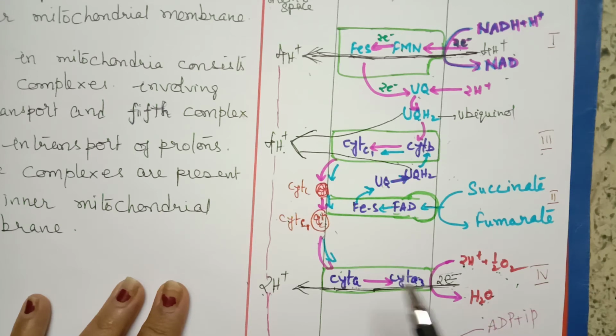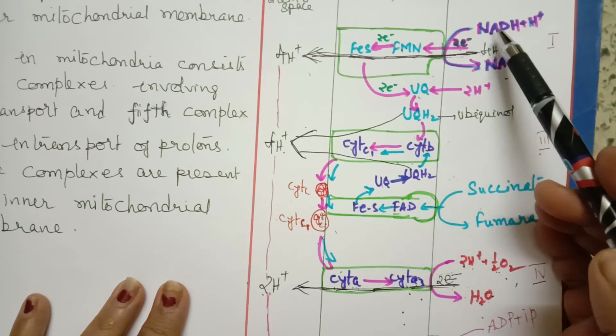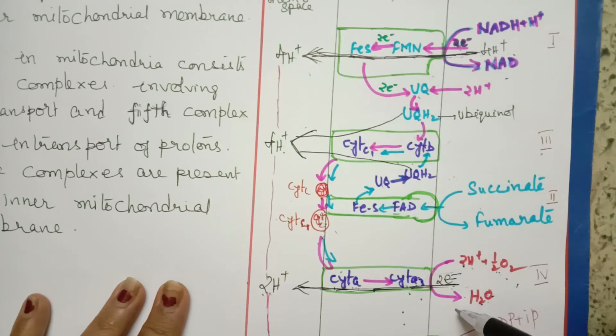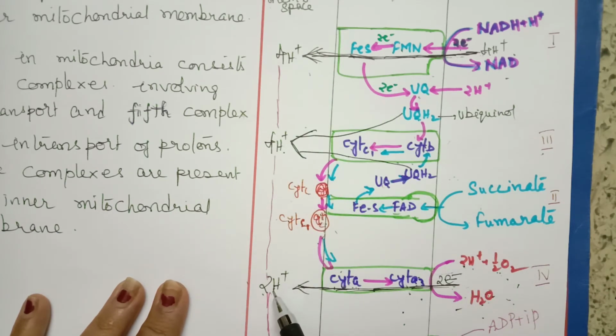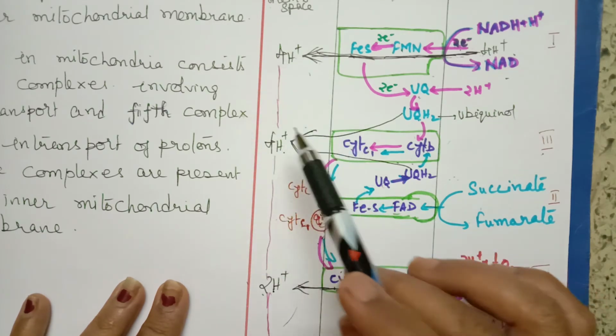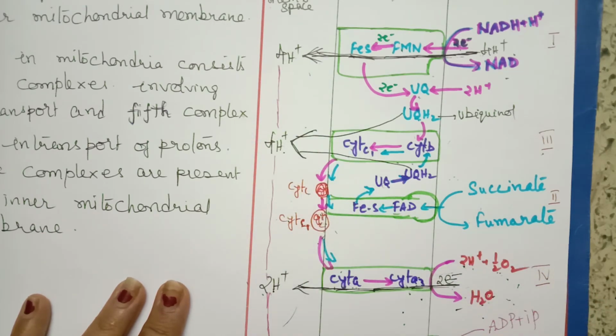So altogether, once the NADH2 is oxidized completely to release water, there is accumulation of 10 protons in the intermembrane space. This is called a proton gradient. This proton gradient is required for synthesis of ATP.